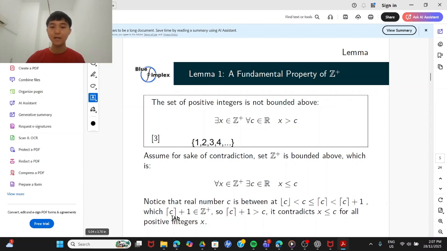Ceiling c plus 1 is also a positive integer, and it is larger than c. It contradicts that any positive integer x is smaller than or equal to c. So we prove this by contradiction.